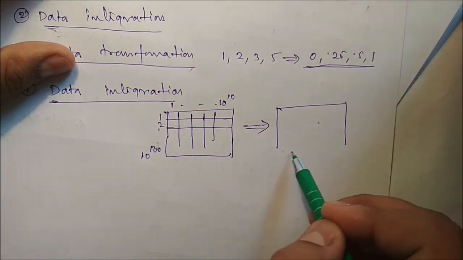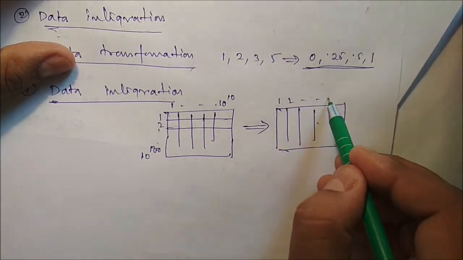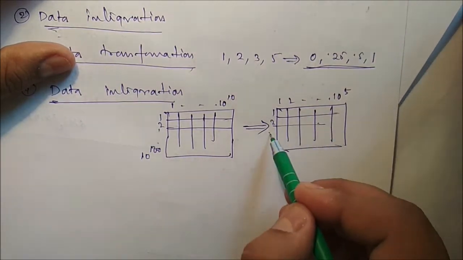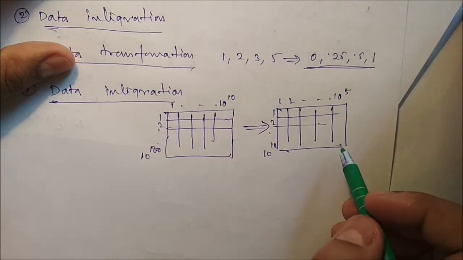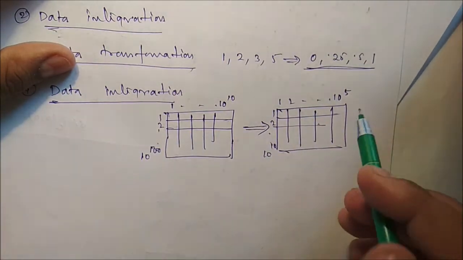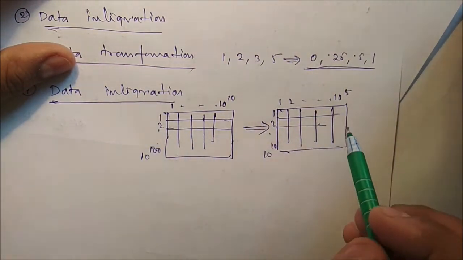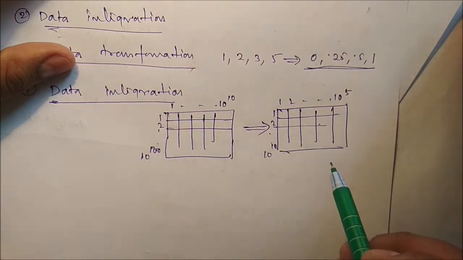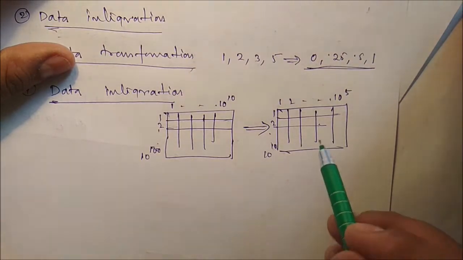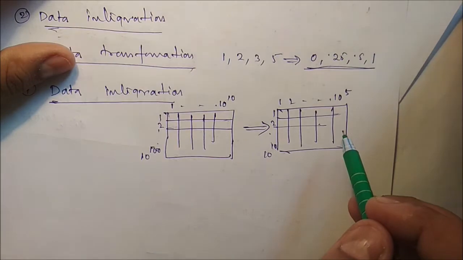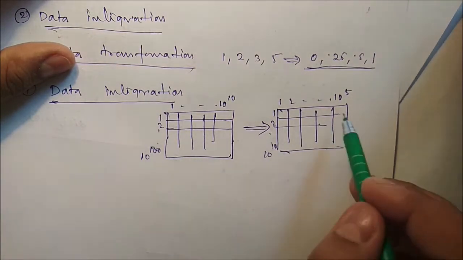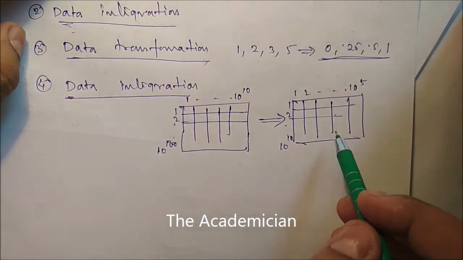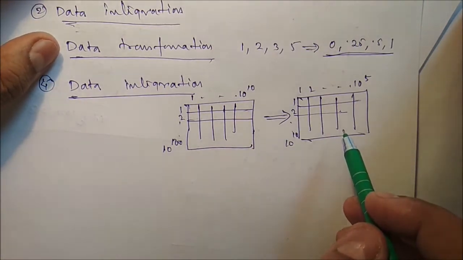We can remove some features, maybe keeping 10 to the power 5. Here we are reducing the size by eliminating unnecessary or irrelevant attributes, or by merging a few attributes. We can reduce the data size, and if you reduce the data size, we may apply our data mining algorithm efficiently.